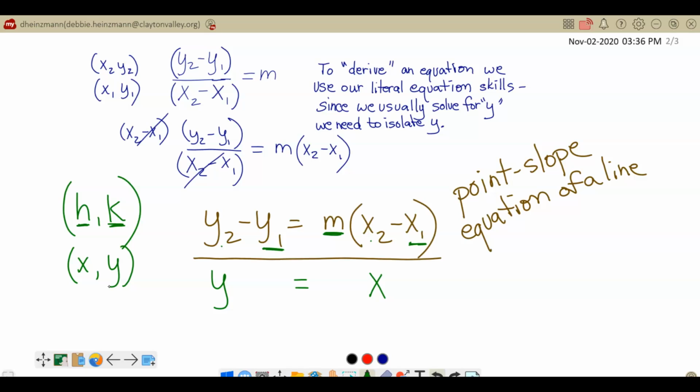K, as you can see, is always connected to Y. H is always associated with X, always. So instead of Y1 and X1, I invite you to use Y minus K and X minus H.